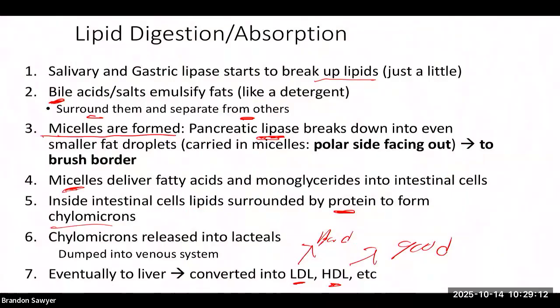No, the lacteals are the lymphatic system. And so we go from the lymphatic system to the venous system. I think you guys are working on this in the donors in anatomy lab, where you see the thoracic duct and a couple other places where the lymphatic vessels connect to the big veins up in the thorax. That's the connection of the lymphatic vessels to big veins.